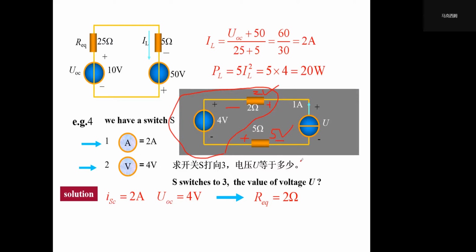So U equals 2 plus 5 times 1 ampere plus 4 volts, which is 11 volts.